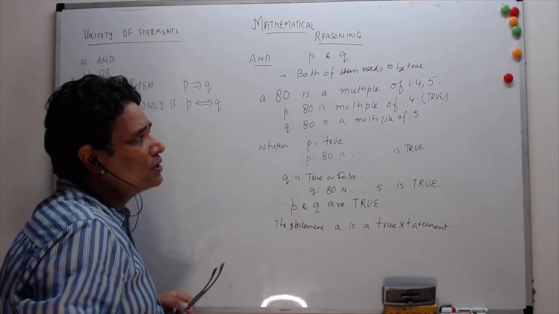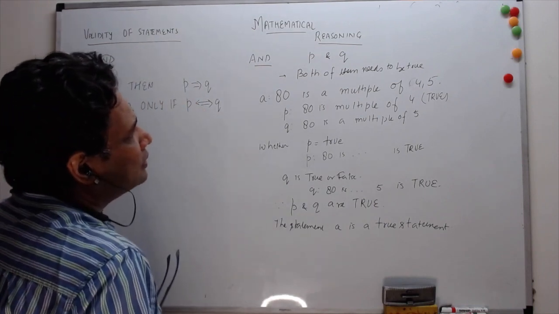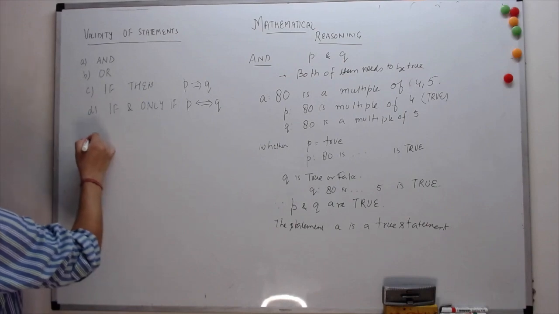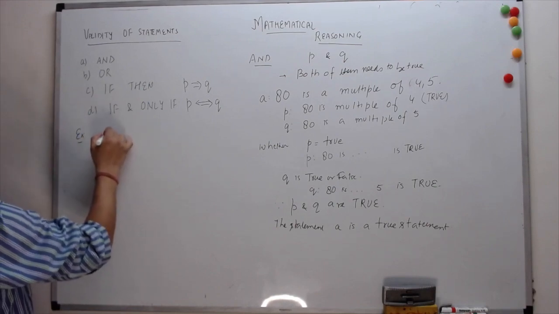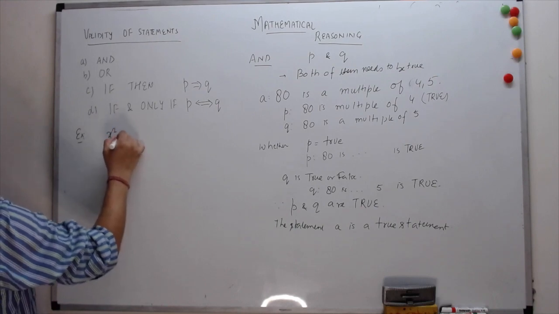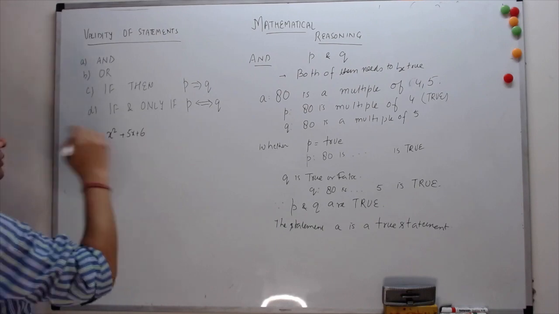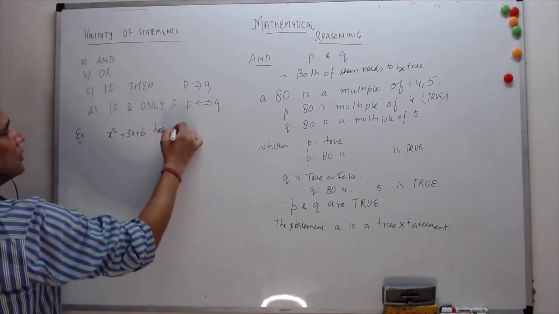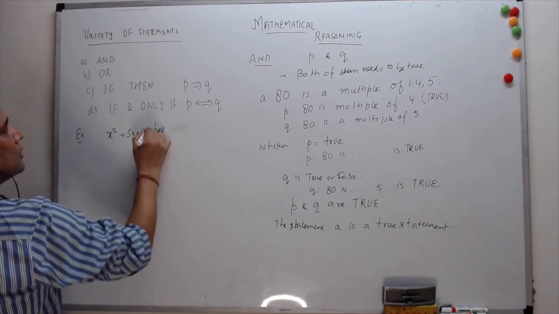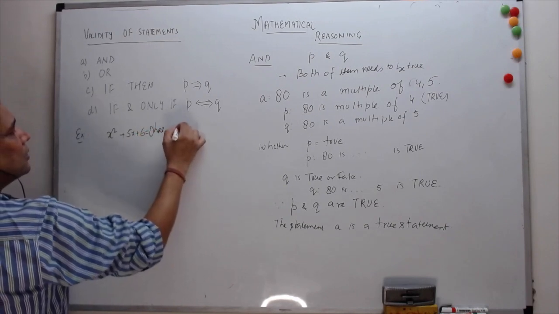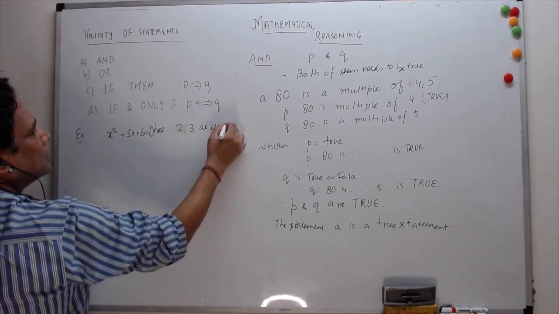It could be an expression wherein you could be asked something like, let's say, x squared plus 5x plus 6 equals 0 has minus 2, minus 3 as its solutions.